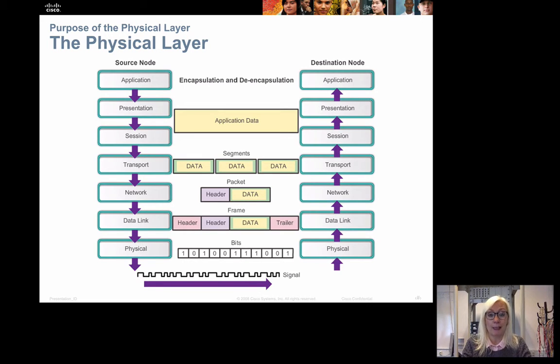But on the physical layer, this is where we send out the bytes or the bits. They are sent out as different types of signaling depending on what kind of cable we are sending it onto, or if we are using wireless connections. Here there are zeros and ones, and they are encoded into different patterns so that we understand what is a 0 and what is a 1.